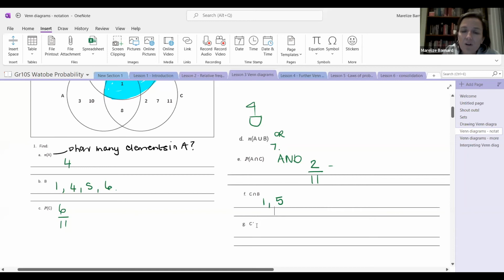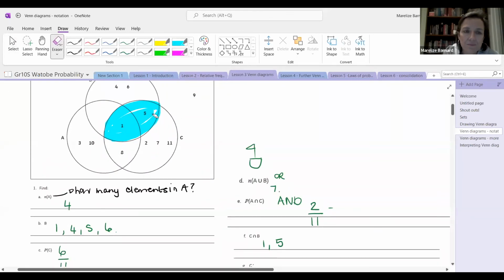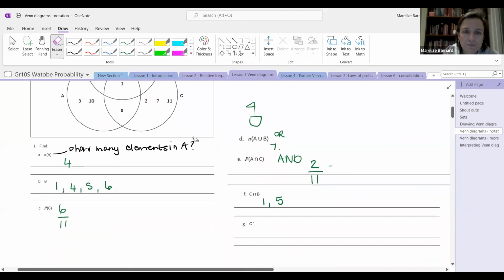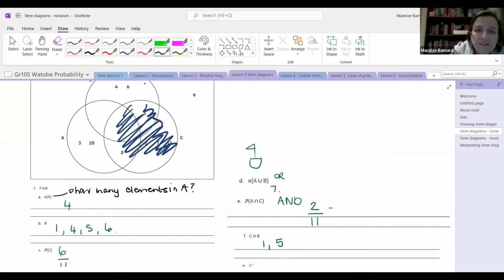Right, now the last question, let's see who remembers from our previous lesson: not C. Everything that is not C. To do not, you can just cover C completely with your hand. It's like blacking it out almost. Take a dark color and basically block all of C out.